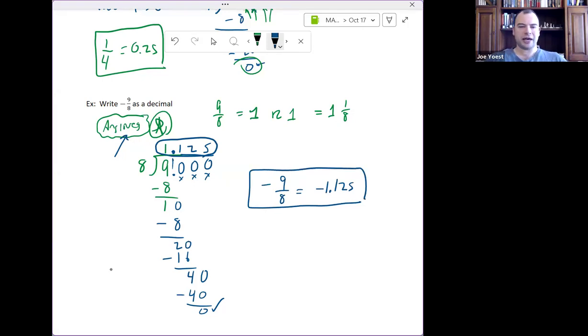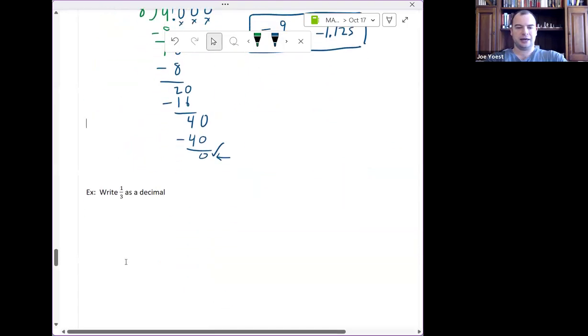So I manufacture this long division problem with a decimal like 9.00, with as many zeros as I need, until I make my way down to a zero remainder, or maybe in some other cases until I see that that's not going to happen.